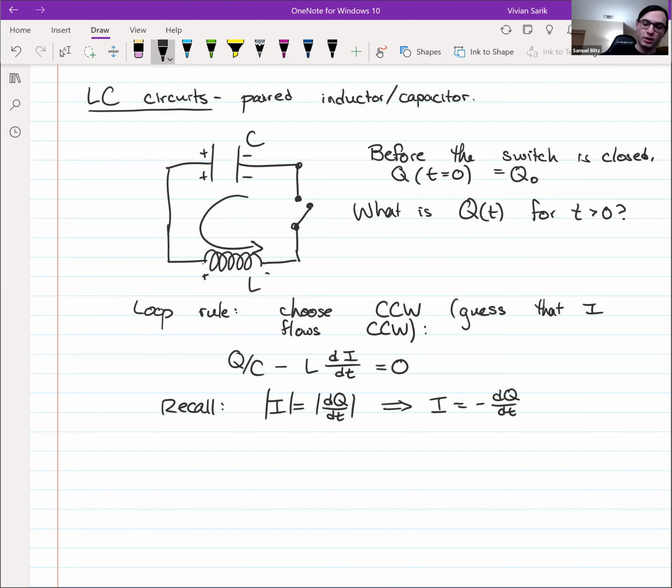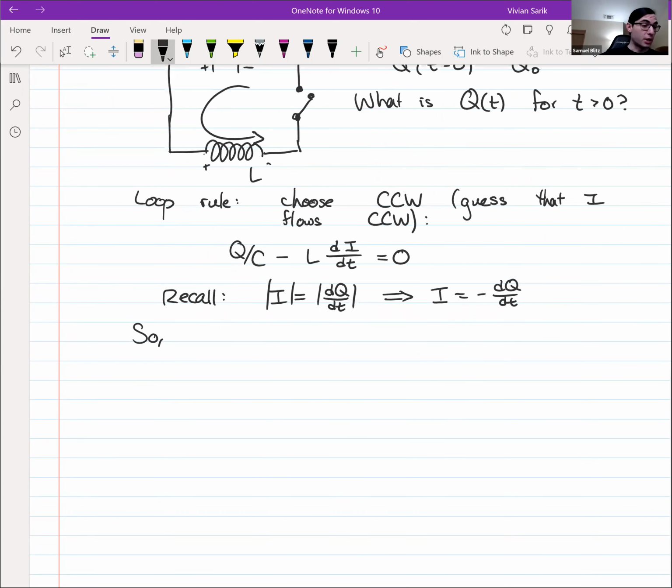So now our equation becomes the following. We replace the I in di/dt with negative dq/dt. So we're left with this after doing some rearranging. We get d squared q/dt squared plus 1 over LC times q of t equals 0.